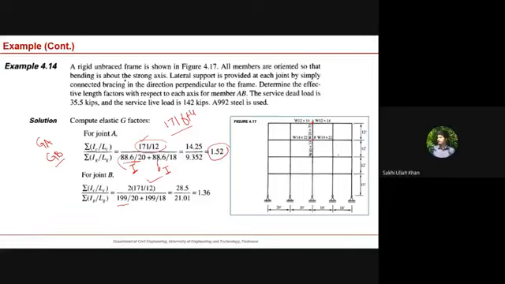Sir, this I value of inertia, we will take from the table, and here look at this statement, strong axis. What is strong axis? Once you go to the manual, you will always have two values, x and y axis. In the table in the manual it will be like this, but you have to see which one is the y axis.